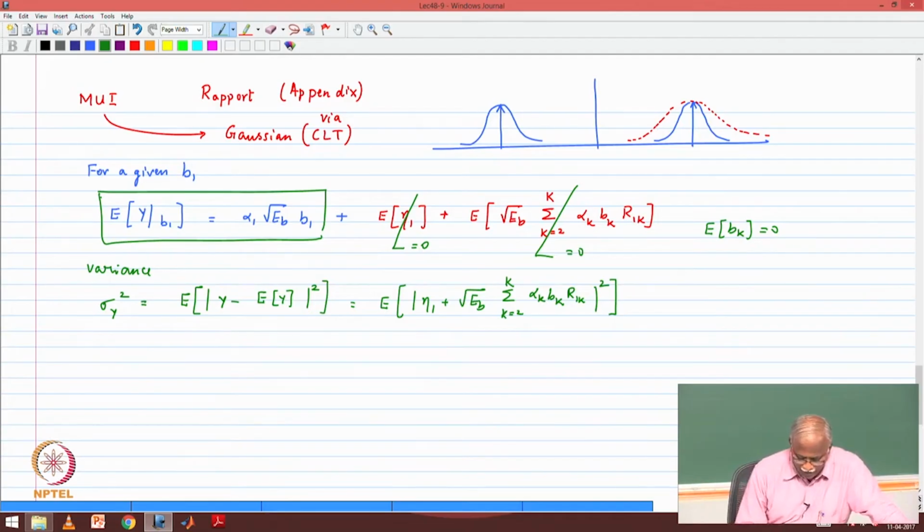Like before, expand this summation. This will be the expected value of whatever is the quantity within the bracket multiplied by its conjugate.